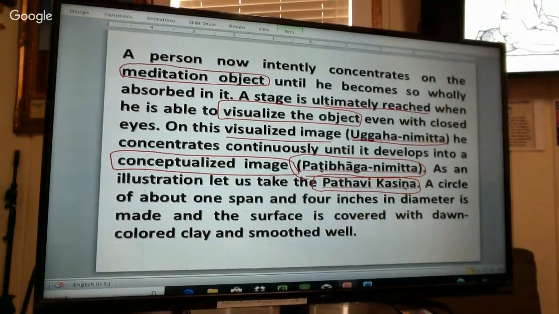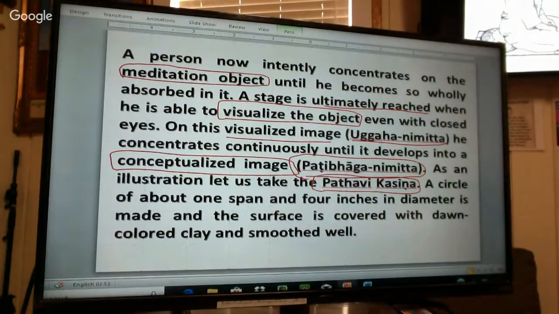Then keep on practicing with the virtual image, Ogaha Nimitta. After that, with very strong concentration power, another nimitta becomes present. That we call Patibhaga nimitta, more clearly.